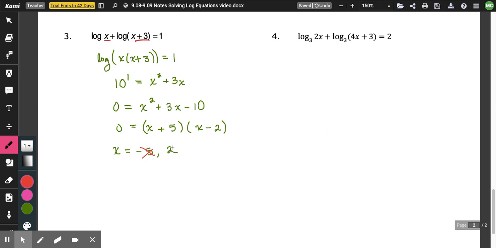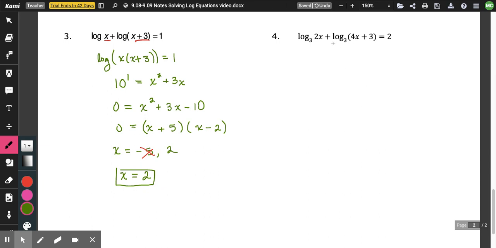So that one is not a good answer. I have to exclude it. Then I'll try x equals 2. If I put in 2 here in this first one, that's still okay. If I put 2 in for x in the second one, 2 plus 3 is still positive, so it works for both of them. So this one actually has only one answer, just x equals 2.